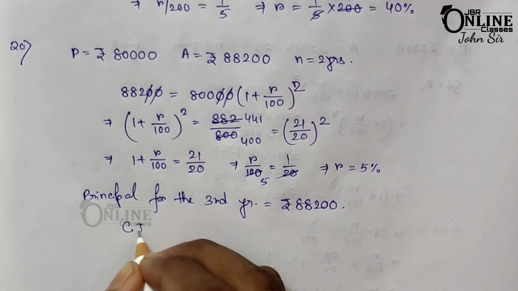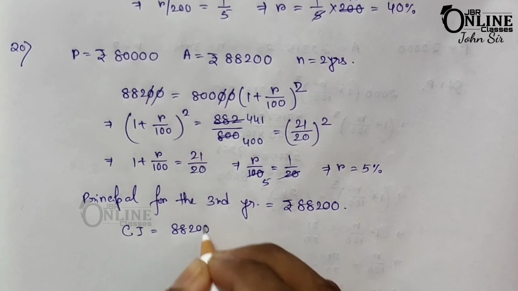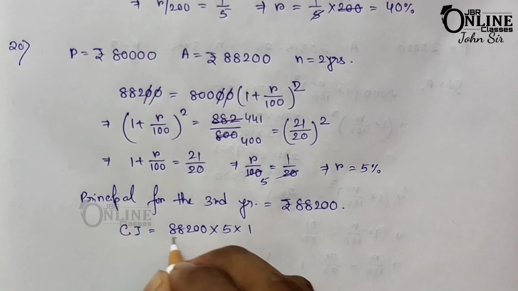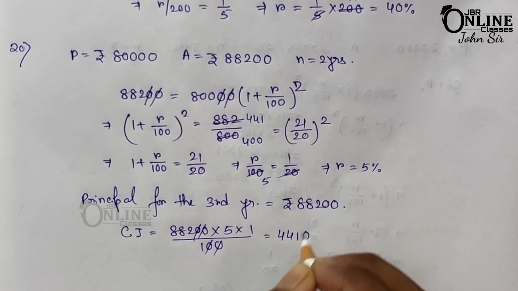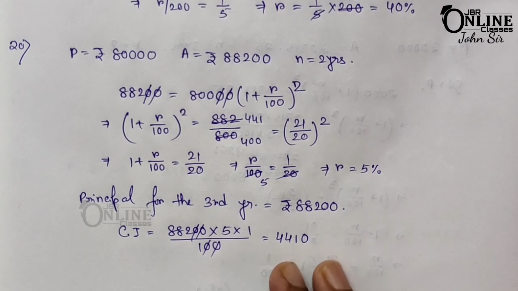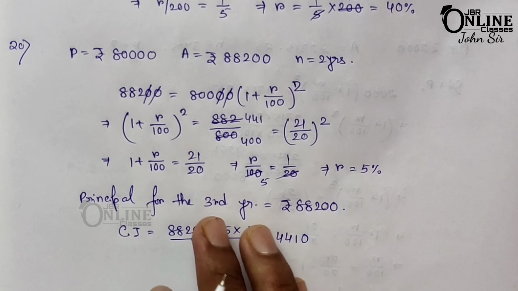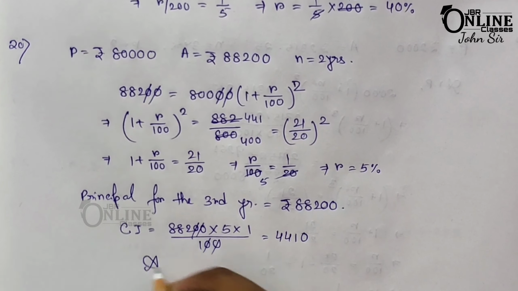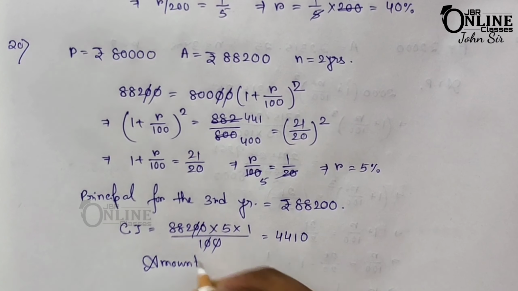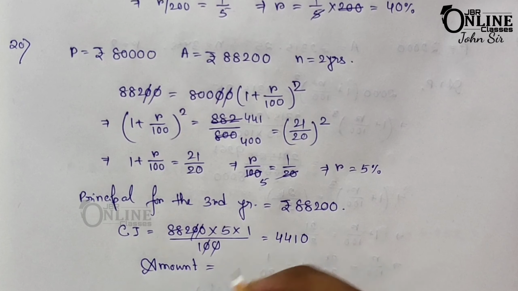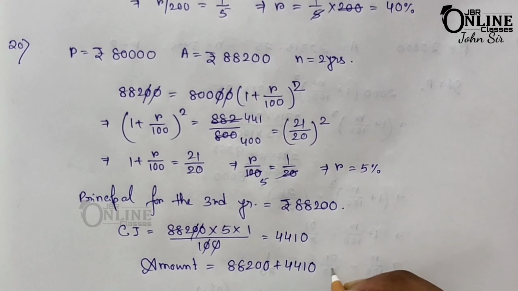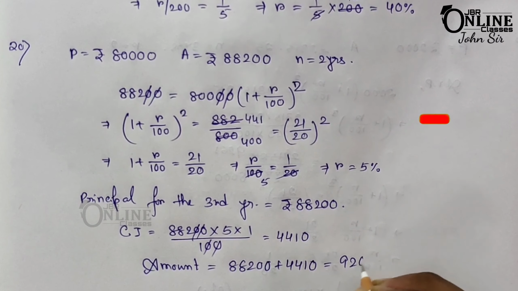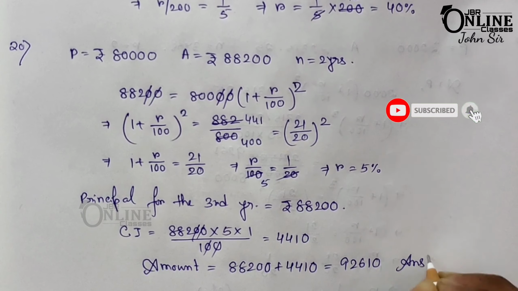Then the compound interest will be 88200 into 5 into 1 by 100, which equals 4410. 4410 is the compound interest for the third year. So now the amount after the third year equals this one plus this one, so 88200 plus 4410, and that equals 92610 as your answer.